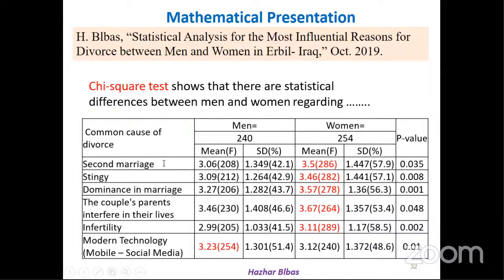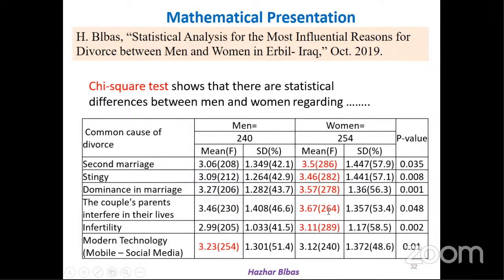If you look here, for the first 5 of them, second marriage, stingy, dominance, couple parents, and infertility, the number of women is higher than the number of men. Why? 286 to 208, 282 to 212, 278, 206, 264, 230, 289, 205.